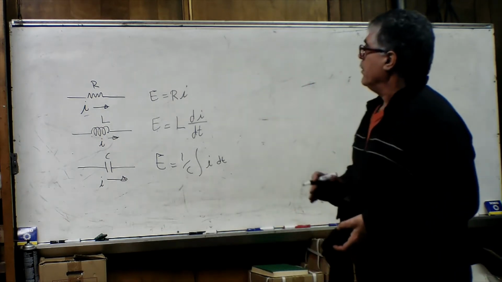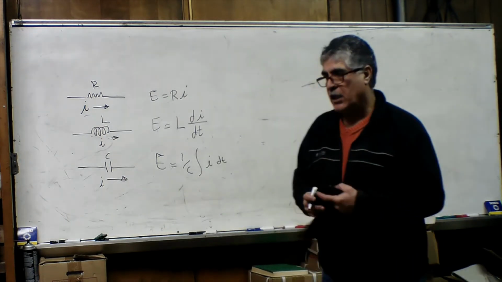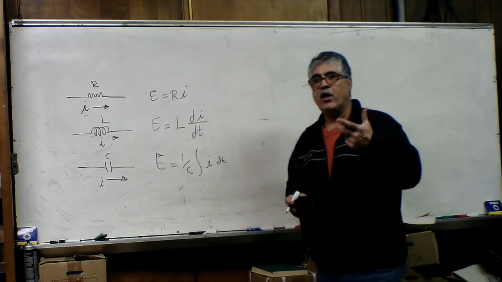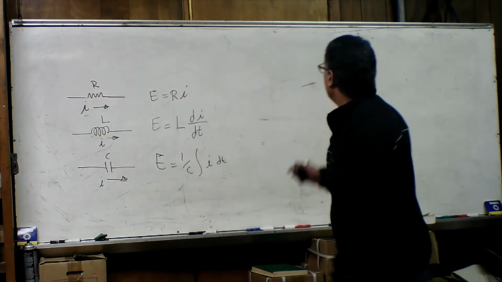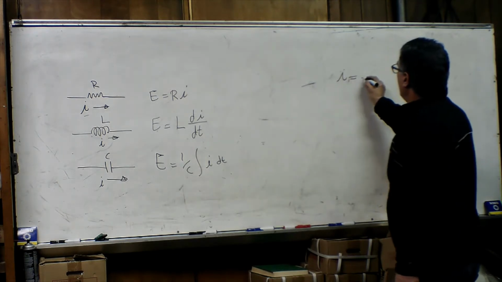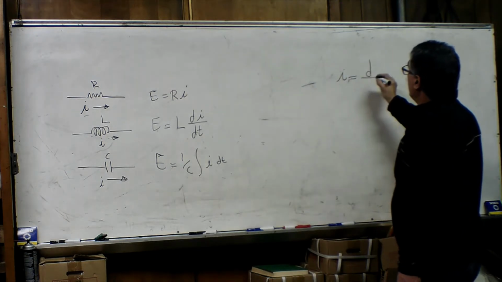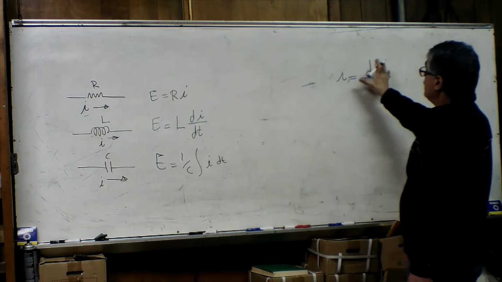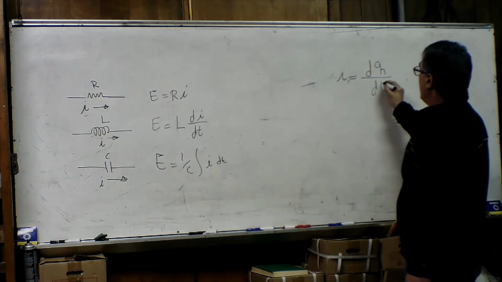Now, the current by definition is the rate of change of charge with respect to time. And we can write that as current is equal to the rate of change of charge, if Q is the charge, with respect to time.